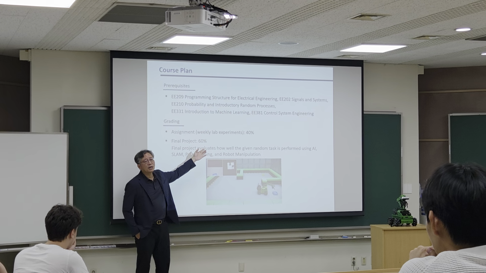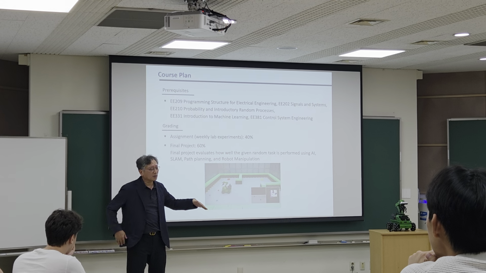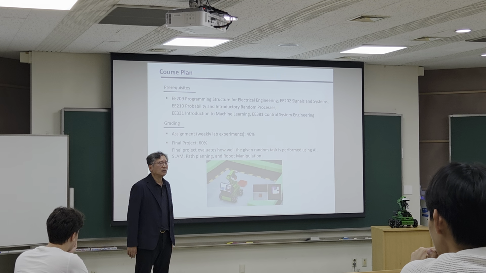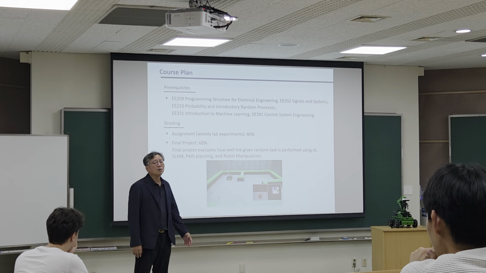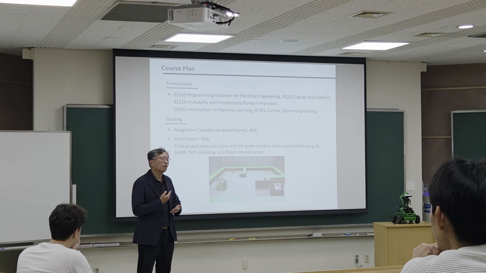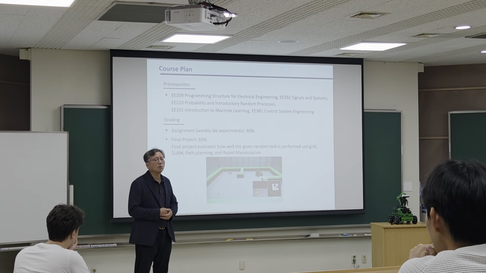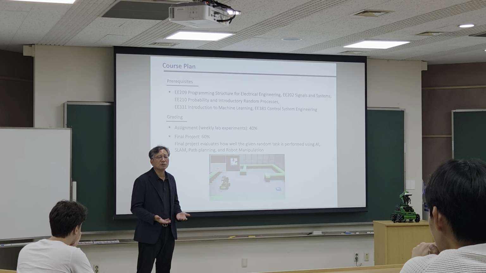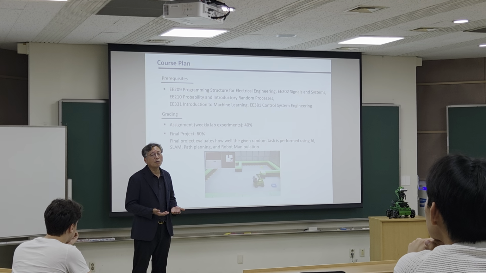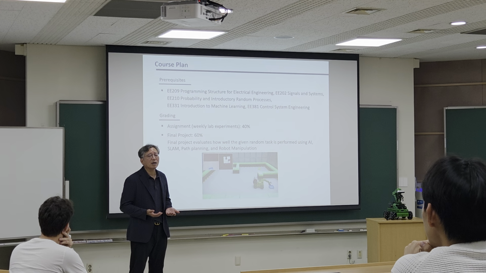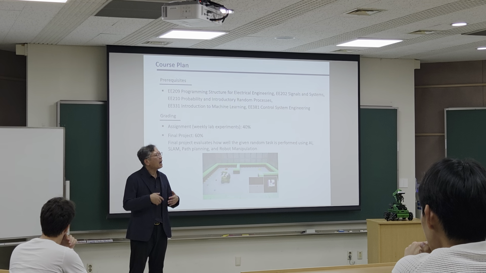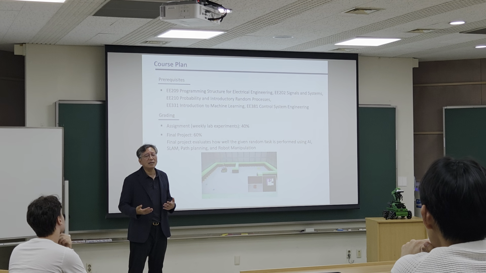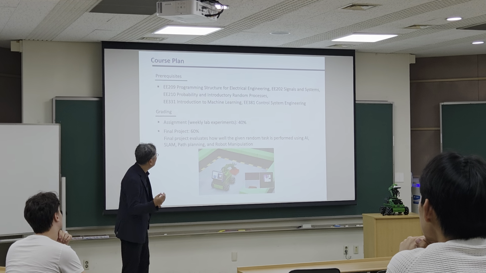So for the project, as I said, you're given an environment, and your robot is to perform the task, and we would judge you on various criteria. We'll give you how we are going to grade you. So we would look at the program, how big is your program, how accurate is your program, how much time it took, the effort that you made, all these things.